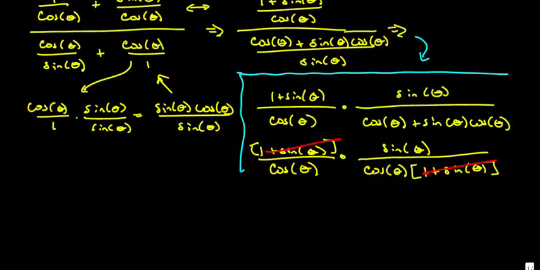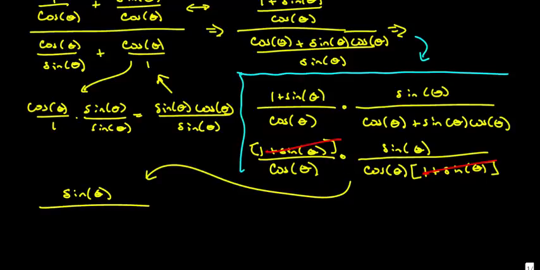So what am I left with? Well, on the top, let's draw it over here. On the top, I've got just sine. And in the denominator, I've got cosine times cosine. So here's what I'm going to do. You could put cosine squared, but always remember what you want to get.